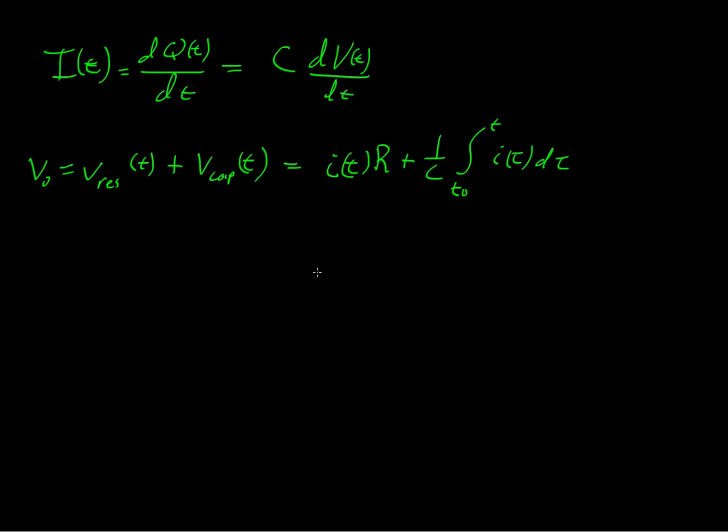All right. If you take the derivative and multiply by C, you can get a first order differential equation, and this is the differential equation that is going to derive our overall current and voltage equations.